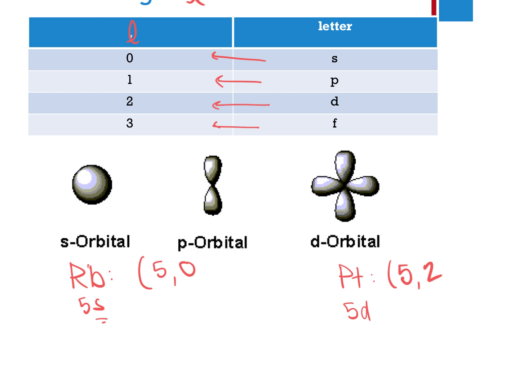We need to understand that when we talk about an element like this, it goes without saying that we're studying the last electron to go in that element. So for rubidium, we're studying electron number 37 specifically, the very last one to go in rubidium. Because if I studied electron number 19 in rubidium, and I need you guys to hear this because this is important, if I studied the 19th electron to go in rubidium, it would look just like potassium.